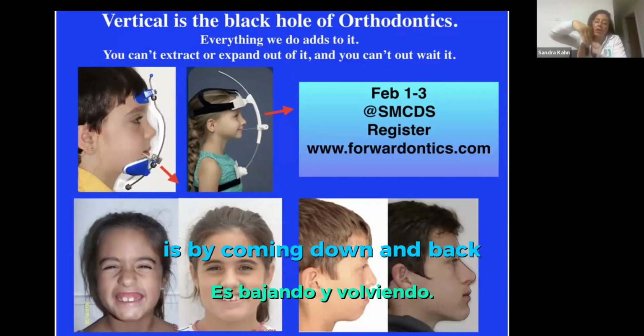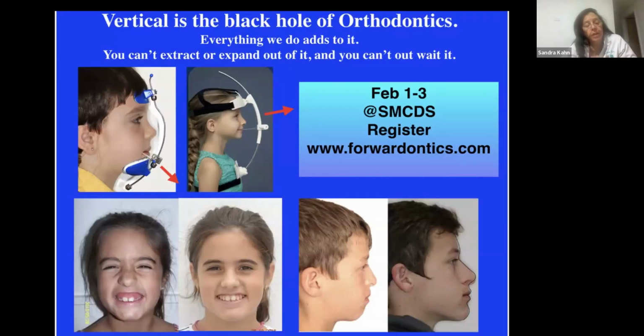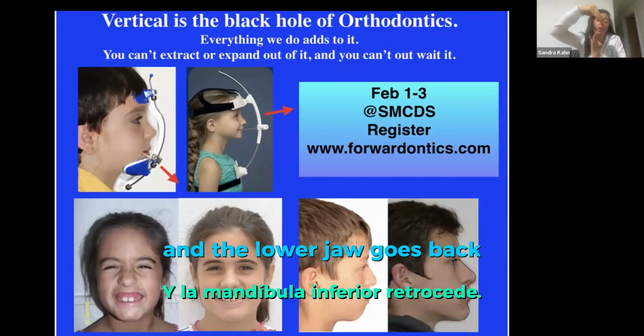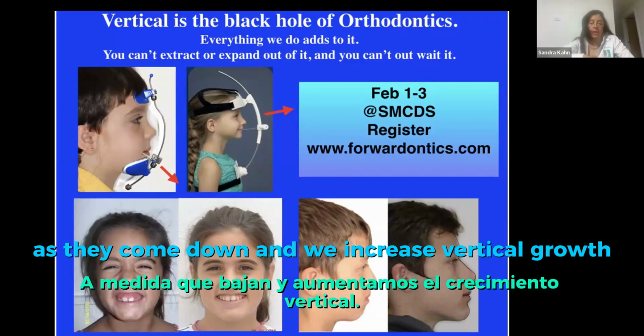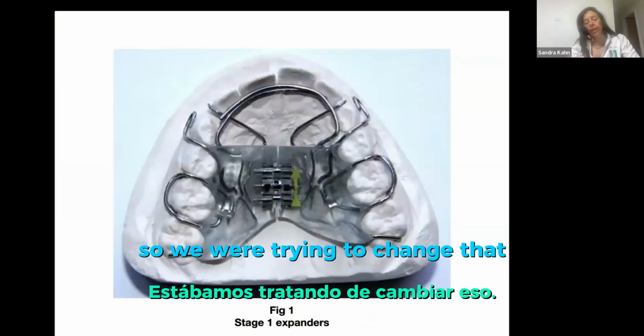By coming down and back. And we have a differential of the jaws where the upper jaw comes down and the lower jaw goes back as they come down, and we increase vertical growth, creating more of a gummy smile, more vertical development on our patients. So we were trying to change that.